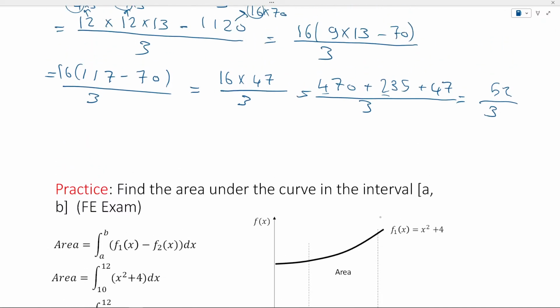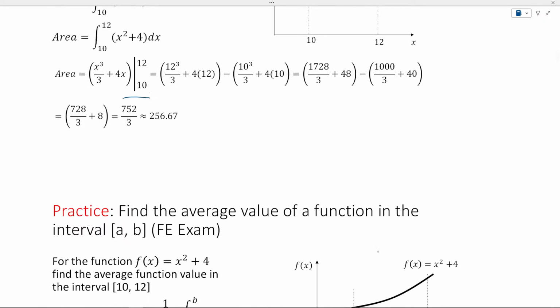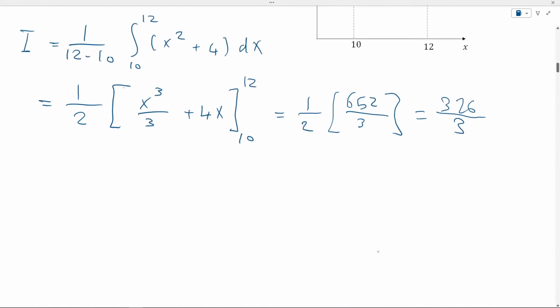That should be 752. So this is 752, because if you added these two numbers here, that will give you 705, and then 705 plus 47, that will give you 752, yeah, over 3. So here I have 752 over 3.